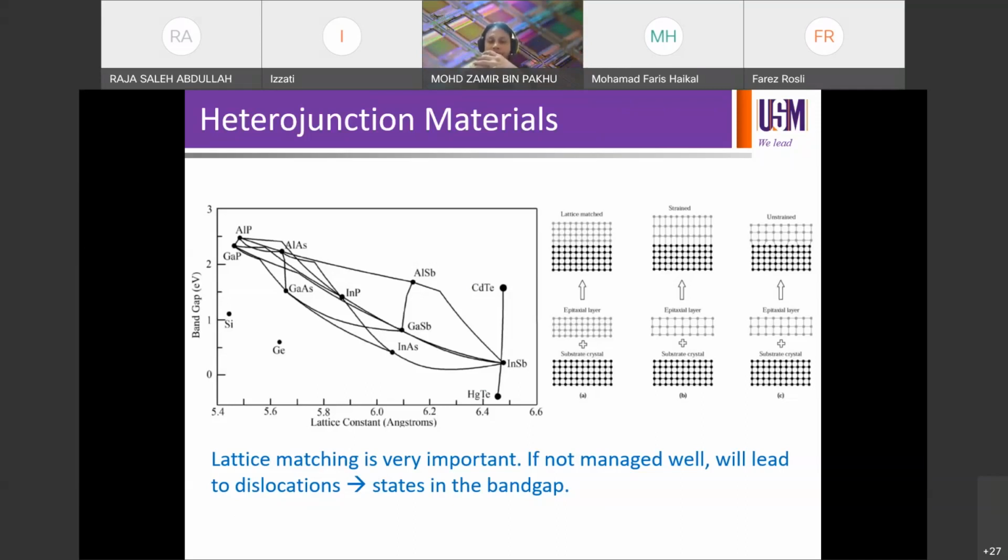On the other hand, if you have lattice constants that are very close to each other, for example, if you look at this chart, aluminum arsenide, AlAs, and gallium arsenide, the lattice constants of both are pretty close. You can see they are somewhere 5.65, 5.66 for both of them. So if you do the calculation, this will result in a very small lattice mismatch.